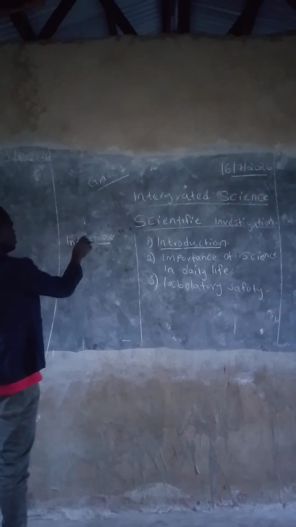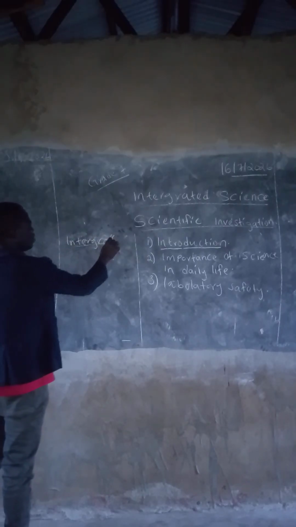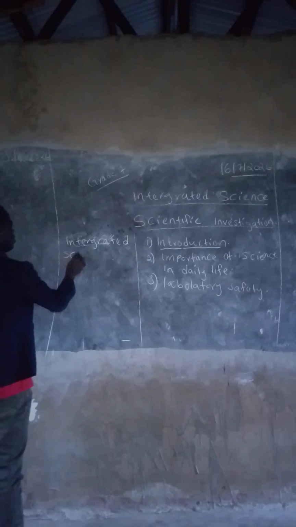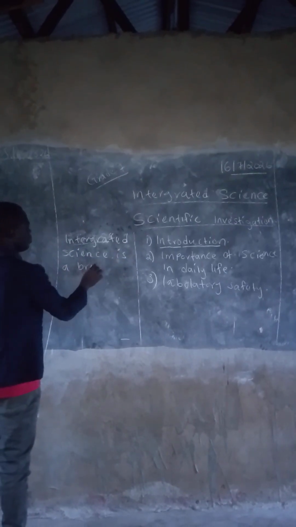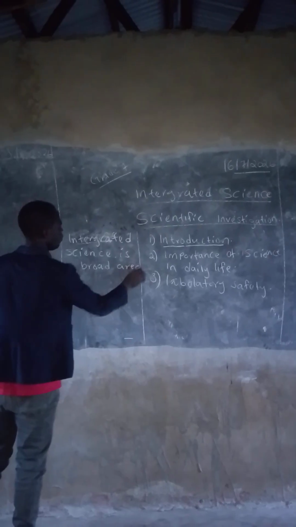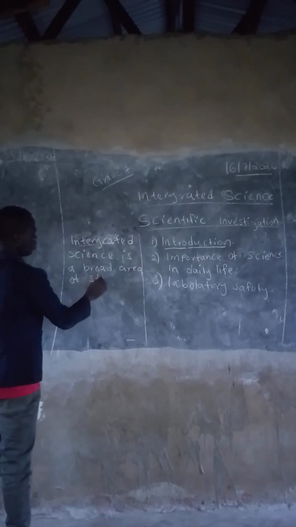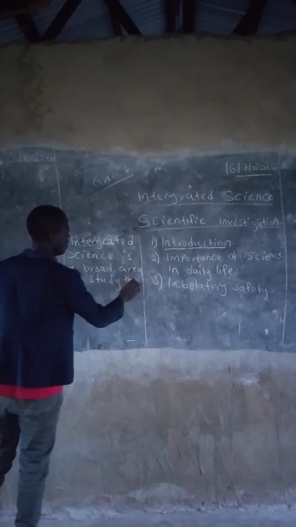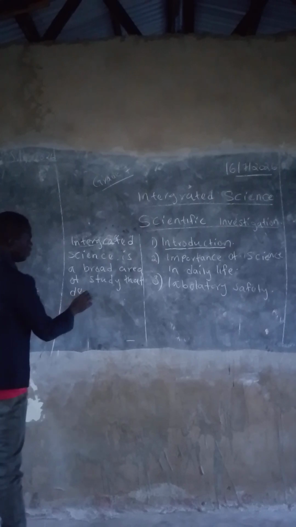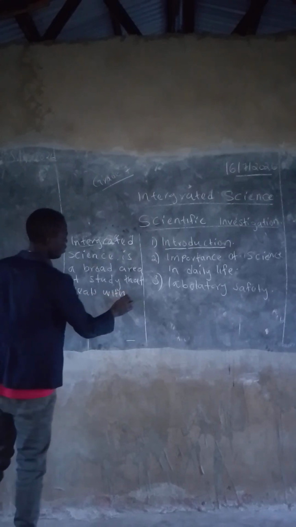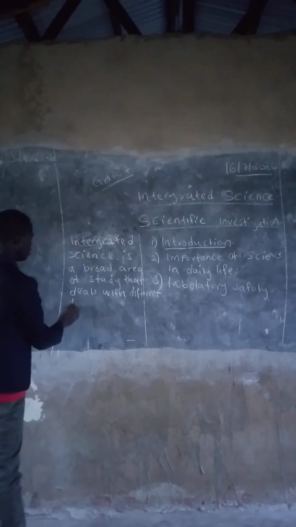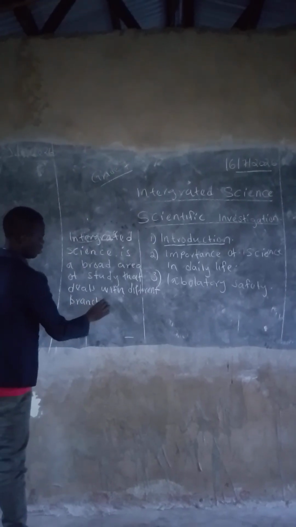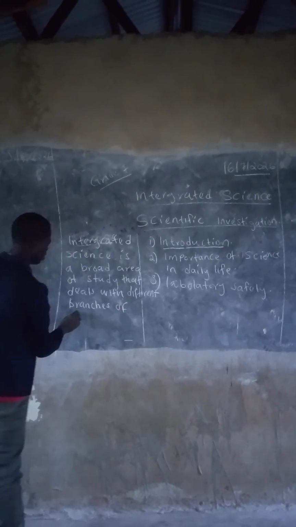So integrated science is a broad area of study that deals with different branches of science.